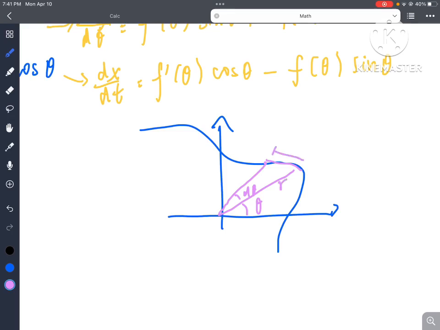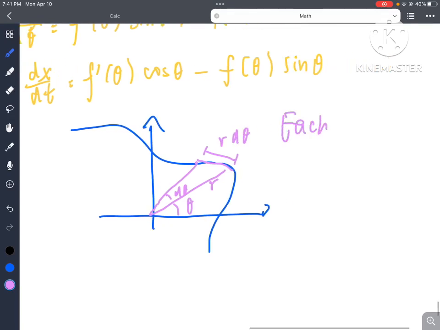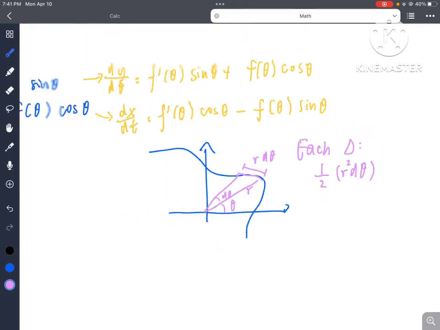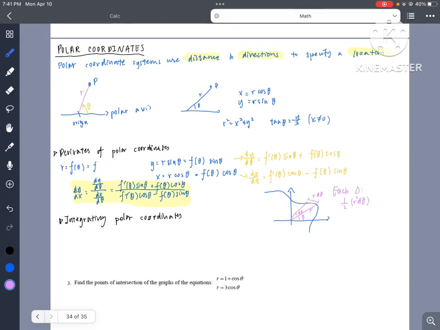And if this is r, then this length will just be like r d theta. So for each small triangle, the area is 1/2 base times height. Base is just d theta, and height is just r. Because these triangles are small enough, we can just consider them to be perpendicular to each other.